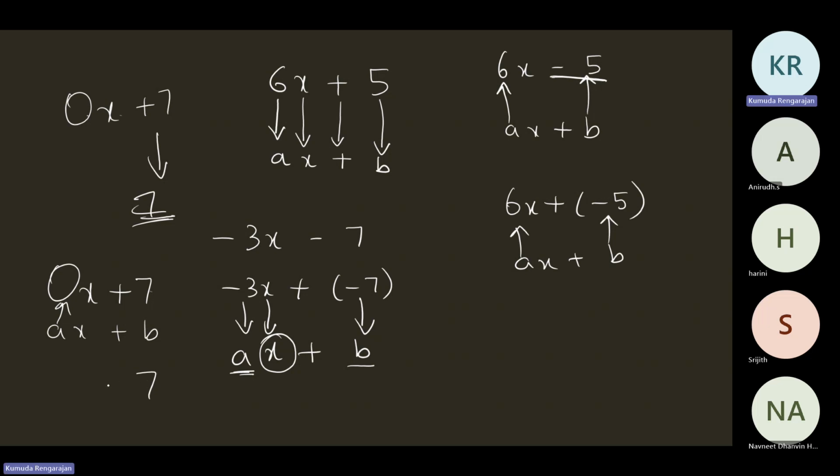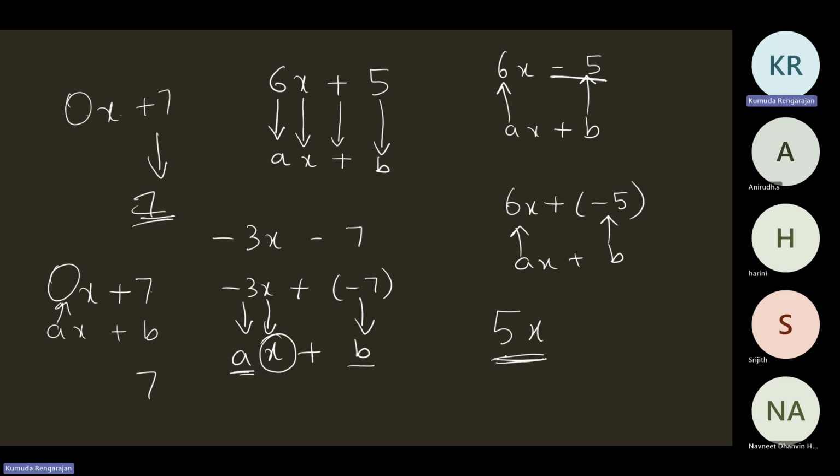Only if there is x, and the power is 1, do you call it linear. Now the variable itself is not there, so you cannot call it a linear expression. That's why the condition is: a and b can be any real value, but a should not be 0. B can be 0. Like 5x. This is an example of a linear expression in one variable x.